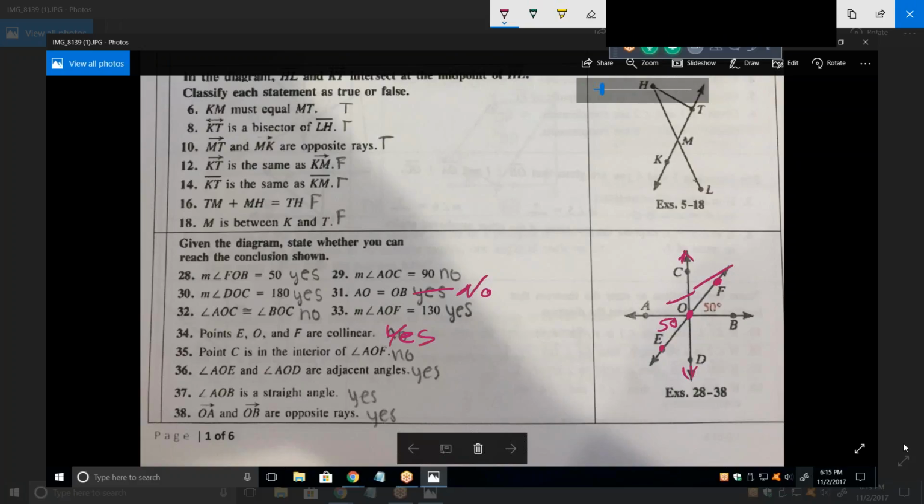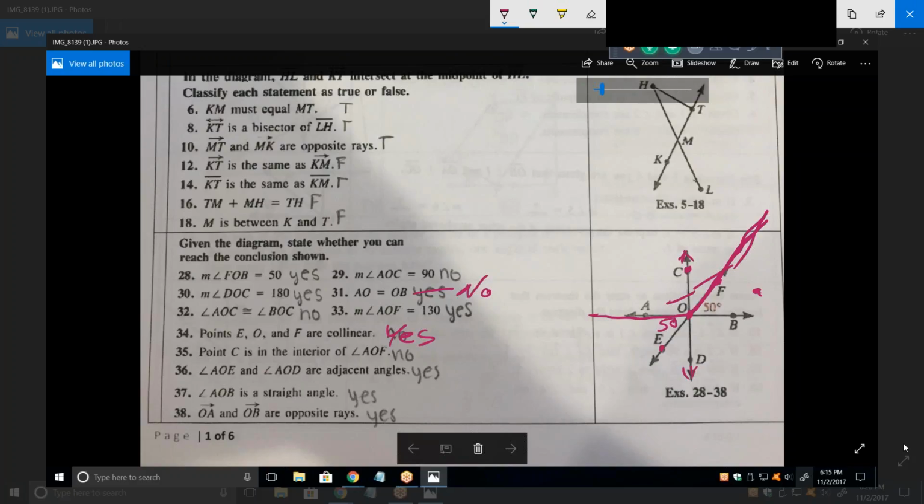Point C is in the interior of angle AOF. Well, there's point C. AOF. By being in the interior, I assume they mean on the inside of the angle as opposed to out here, which would be exterior. Yeah, I would say yes. I'm trying to figure out how you would define it mathematically.